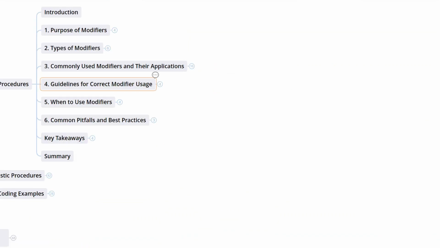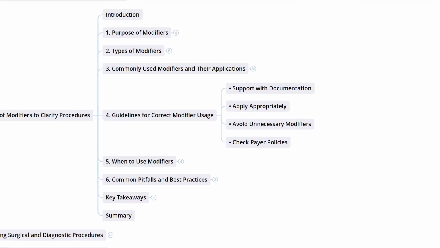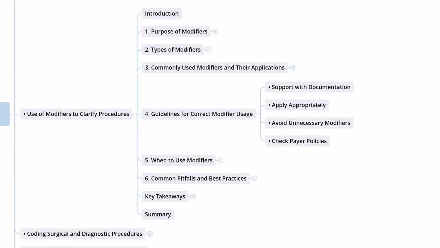Next, guidelines for correct modifier use. Support with documentation. Use only when supported by clinical notes or operative reports. Apply appropriately. Use the most specific modifier applicable for the situation.